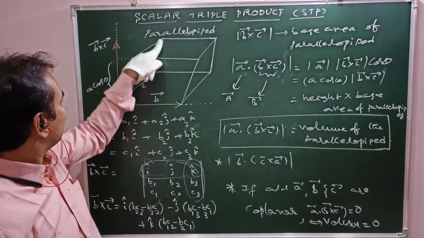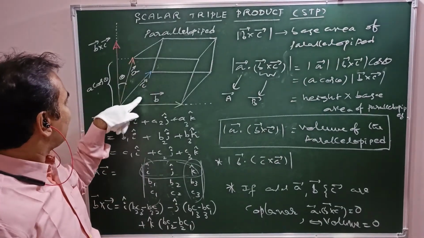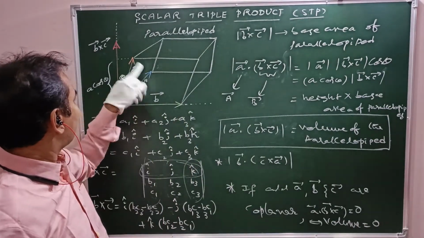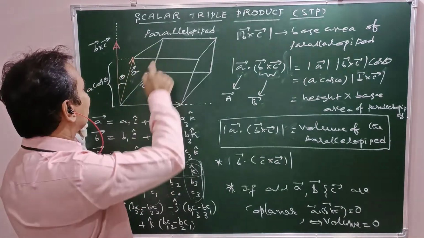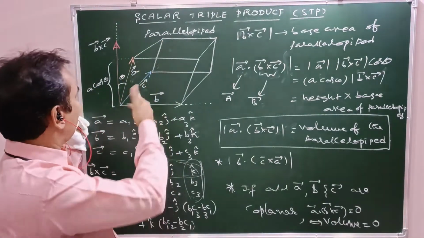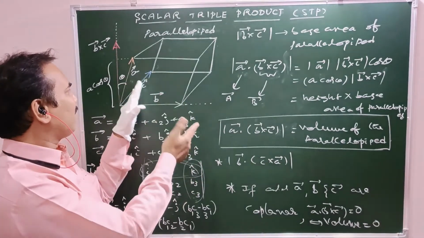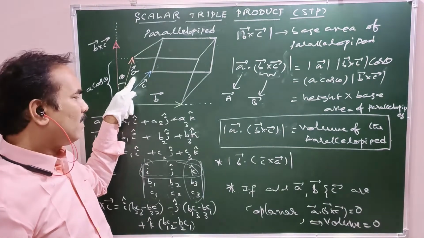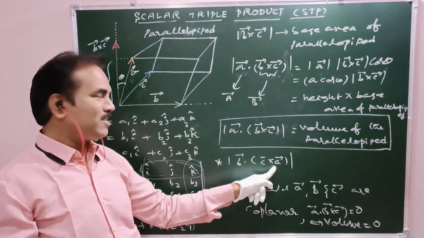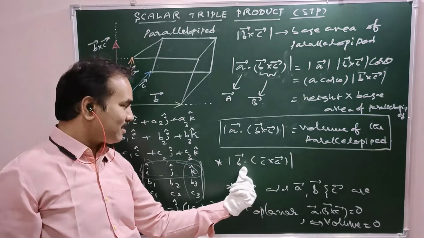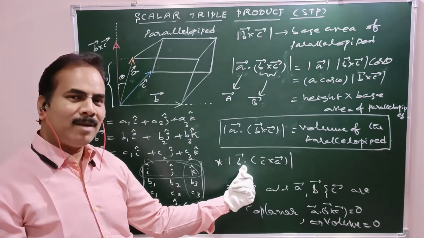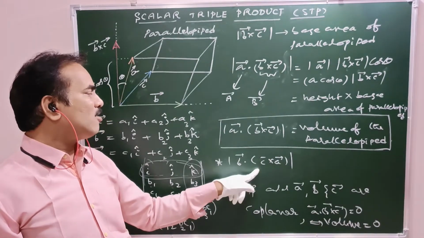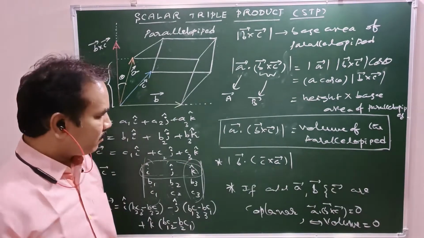If this plane is touching the base of the ground, for example, A bar and C bar, this is the plane of A bar and C bar. If the figure is tilted like that, with this plane touching the ground, then this could be the base area, and this could be the height, B cos theta, of the parallelepiped. So with this formula also we can get the volume of the parallelepiped, right?